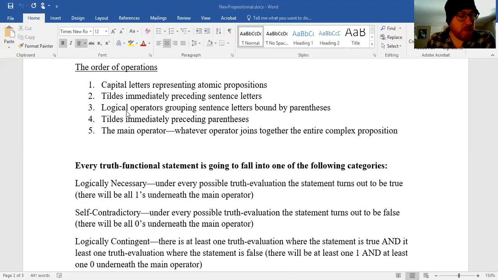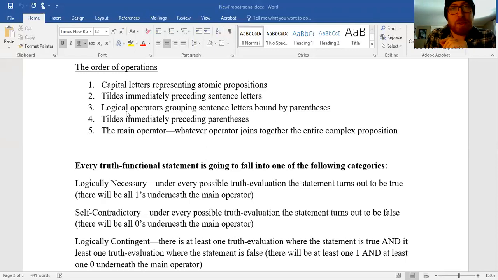Okay, so these would be what you could call secondary operations, right? So if you've got two sets of parentheses, then any operators which fall into a first set of parentheses, which means it would be sort of double bound, that would not be the main operator, all right?